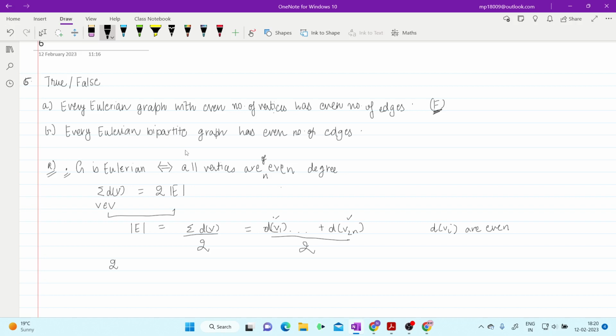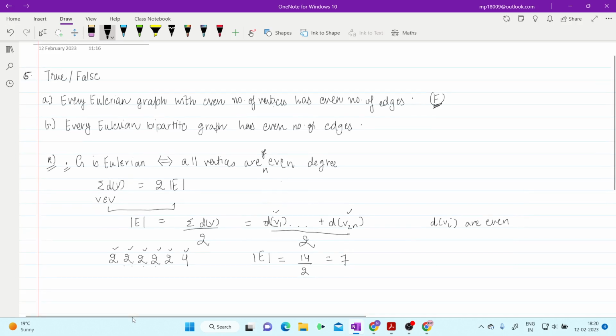If we take this degree sequence, say 2 2 2 2 2 and 4, all are even degree, right? But the number of edges, if we add all these, 2 4 8, will come out to be odd, right?